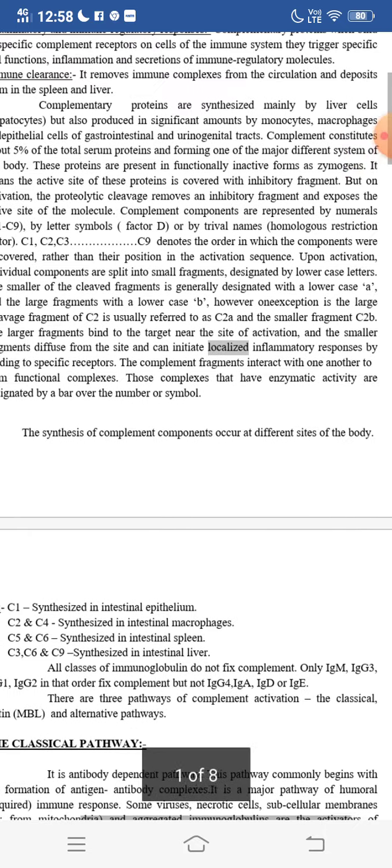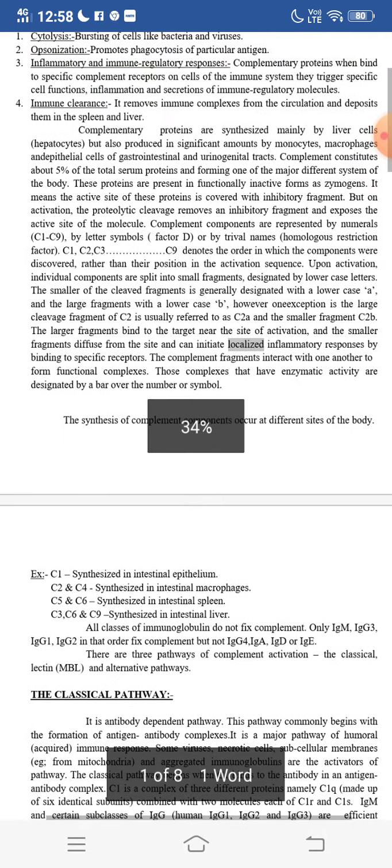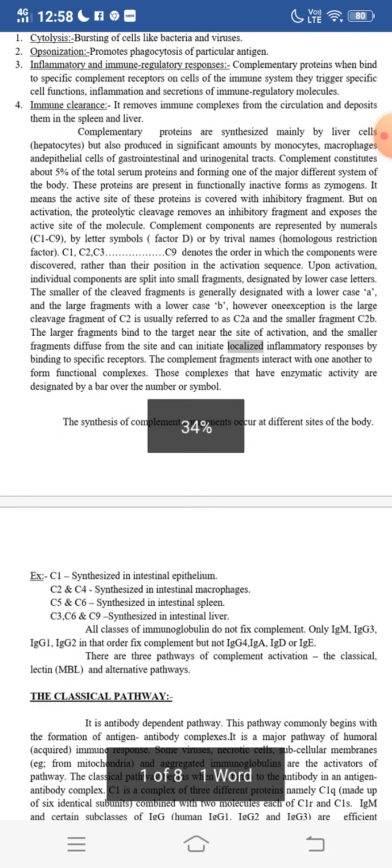Only one exception is that the large cleavage fragment, that is C2. Except C2, the rest, from C1 to C9, can all be broken down into two types of fragments: small fragments designated by small a, and large fragments designated by small b.